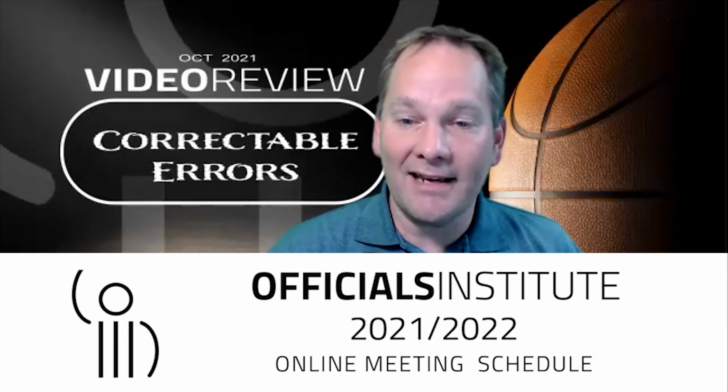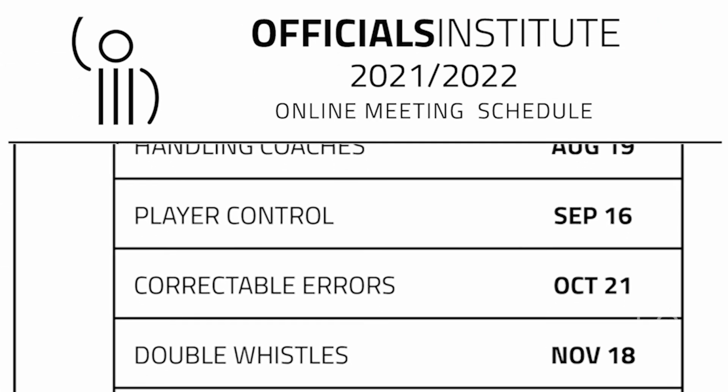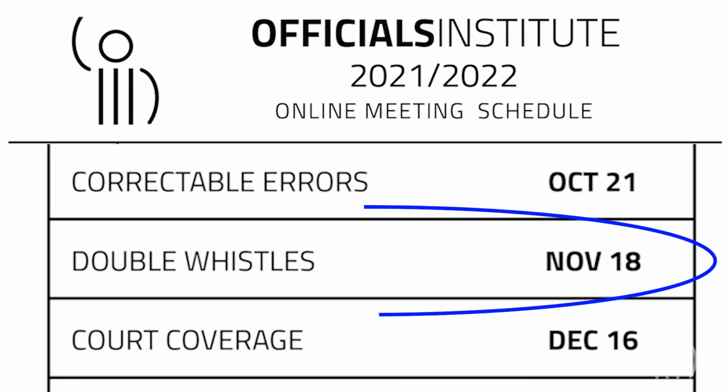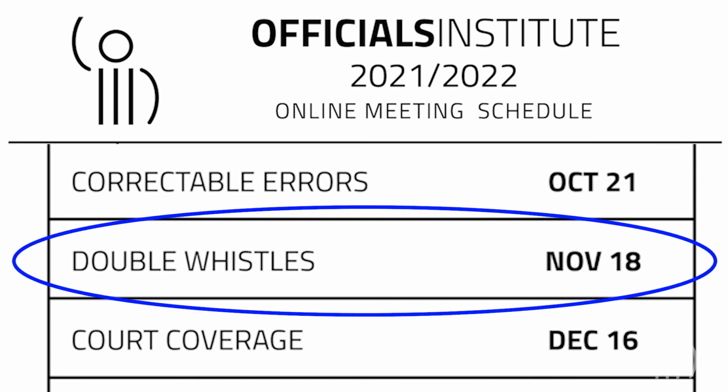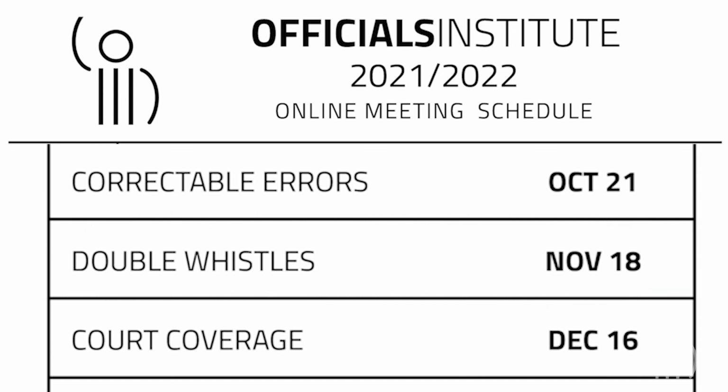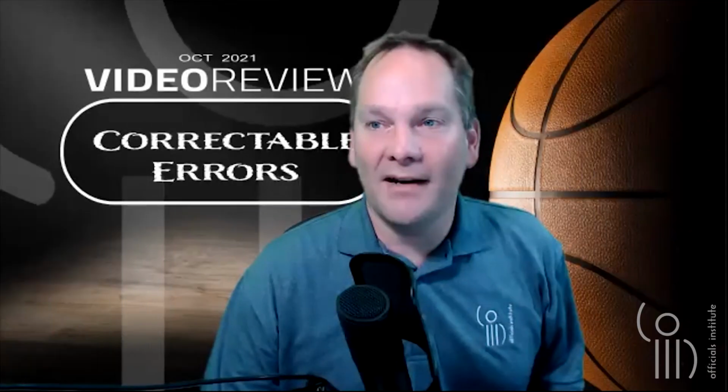All right. Next meeting is double whistles. November 18, double whistles. What does that mean? And stay in your primary. I don't know about you guys, but in my games, there's always at least one double whistle.